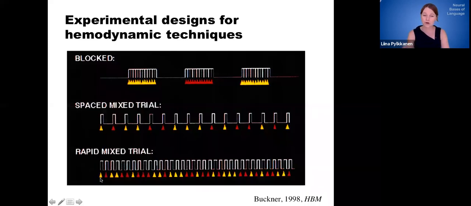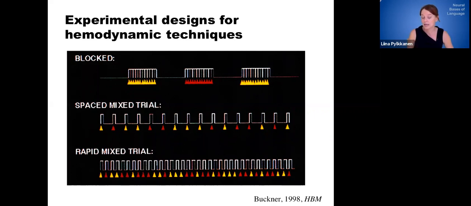The response to the second stimulus would sit on top of that first response. But nowadays, we have a pretty good understanding of how those responses combine, and that is making this type of experimental design possible as well. But it does require that careful modeling.